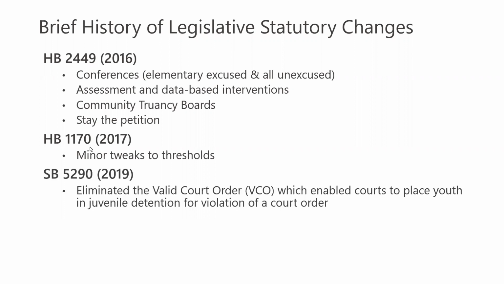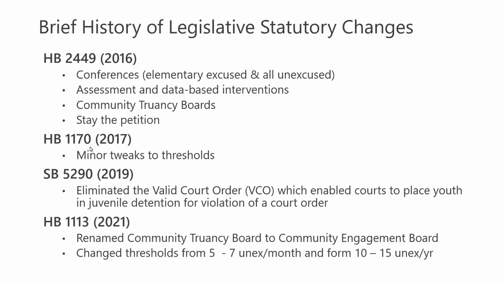And then in 2019, Senate Bill 5290 passed, and essentially it eliminated the valid court order, which was a tool that enabled courts to place youth in juvenile detention for the violation of a court order for status offenses such as truancy, CHINS, and ARY, the at-risk youth, and CHINS is child in need of services.